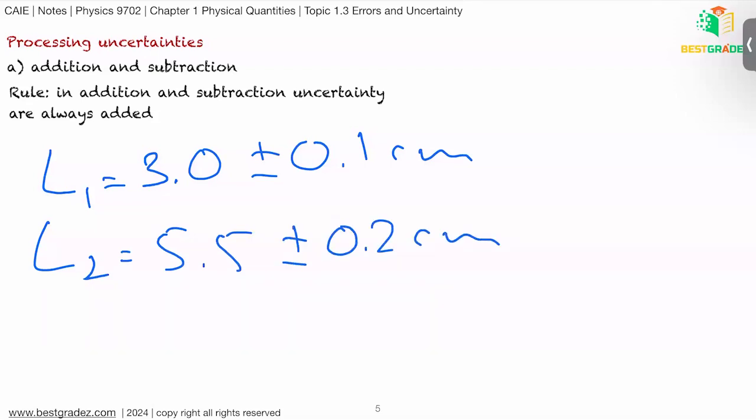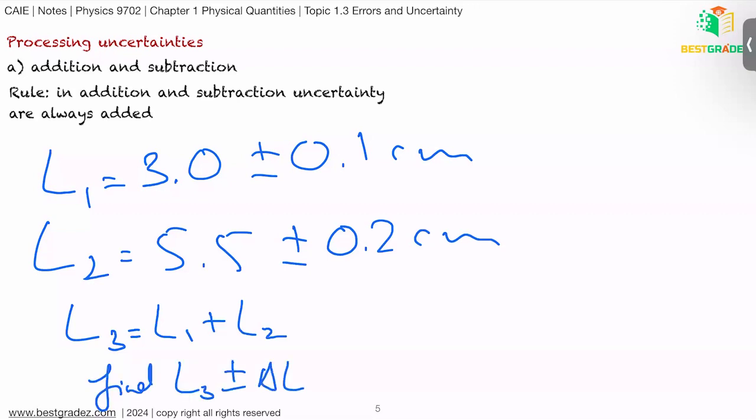Somewhere I had to find L3, which is the sum of these two, and I want you to find L3 along with uncertainty of L3. This is how they are going to ask the question. If you see plus minus and delta, it means they want the final answer, not just the magnitude of the final answer. They also want the uncertainty in the final answer.